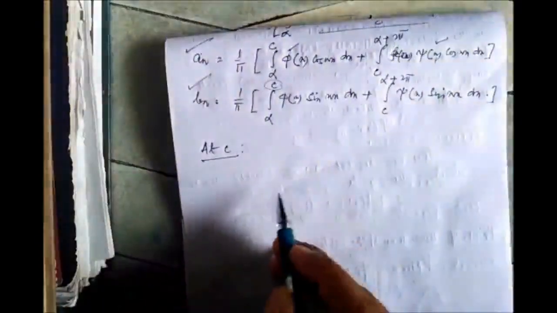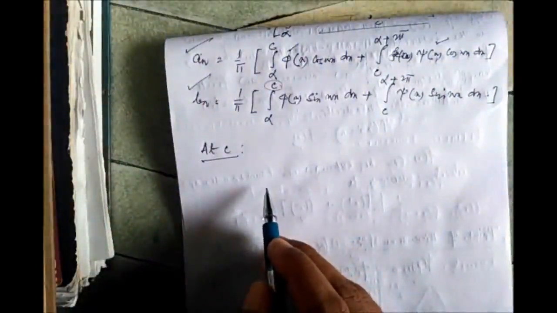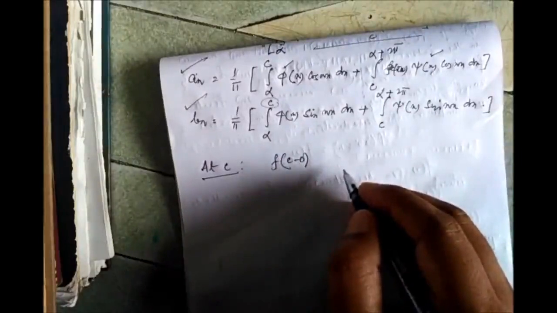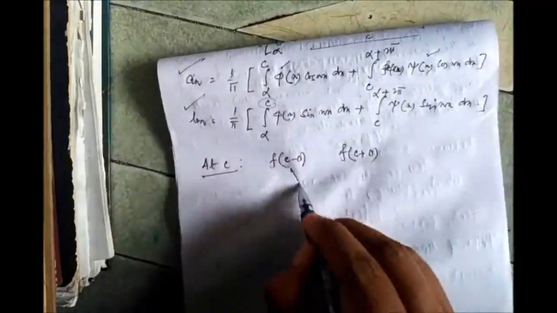As the function has a finite jump, both the left hand limit f(c minus 0) and the right hand limit f(c plus 0) must be different. So these limits are different, but they exist.